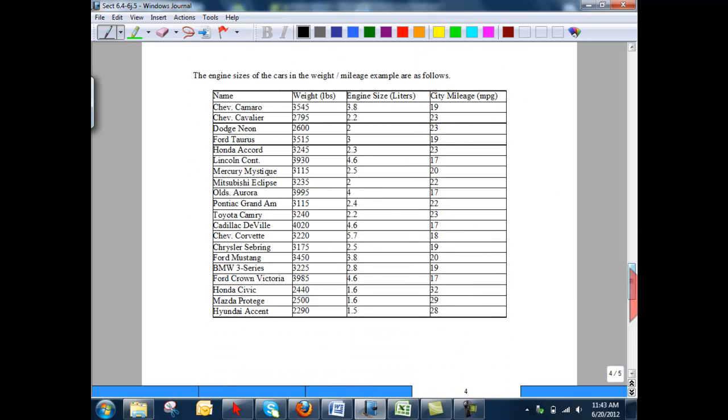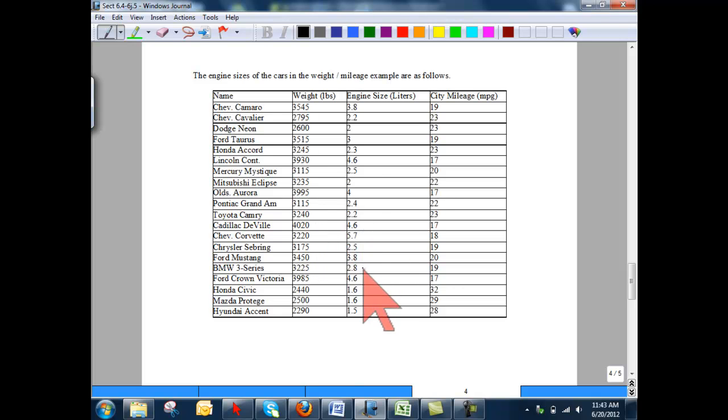So now here's the data table that we had before, but extended. Here's the weight, here's the mileage of all of these cars, and now here is the size of the engine in liters. And so you see that some cars, like a Cadillac, have a large engine, probably because it's a heavy car and you need a lot of power to move that.